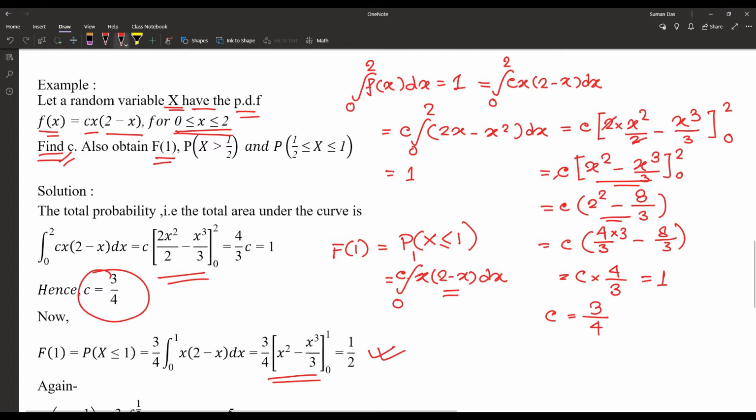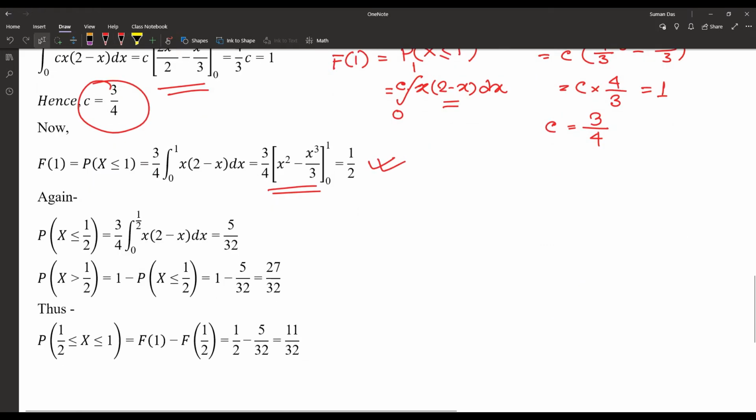The next problem is X greater than half. If we look at the range here, suppose that is 0, that is the upper bound 2, and the point is half. We have to find P of x greater than half. That means from just after the point half up to 2, not up to half.